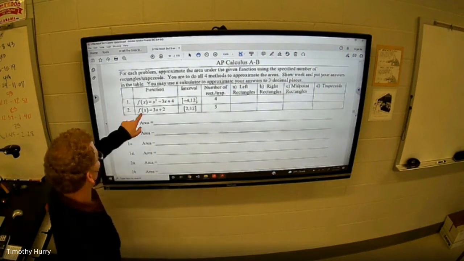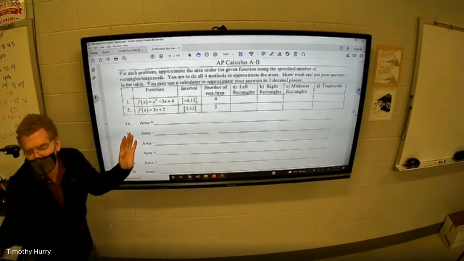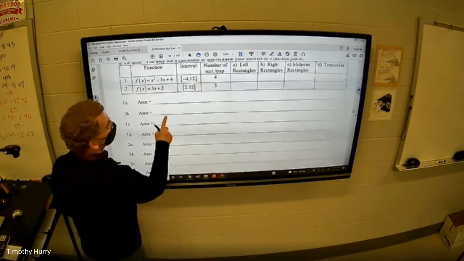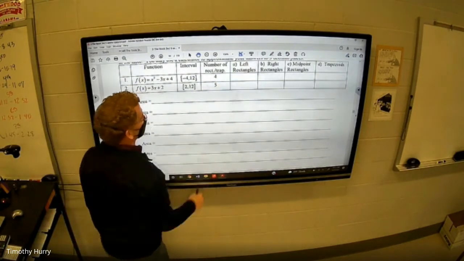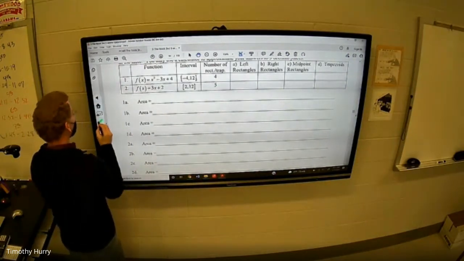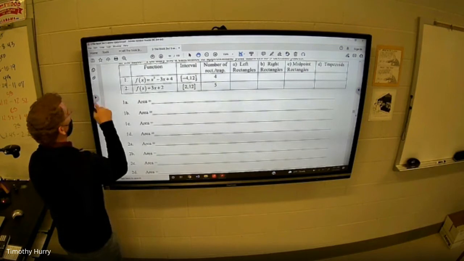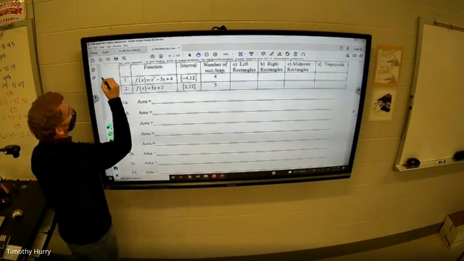So even though that graph is a parabola, it's opening upward because it's +1, whatever. So here's kind of my thinking for 1A, the area with 4 left-handed rectangles. I'm thinking to myself, all right, if I had some parabola right here, right?